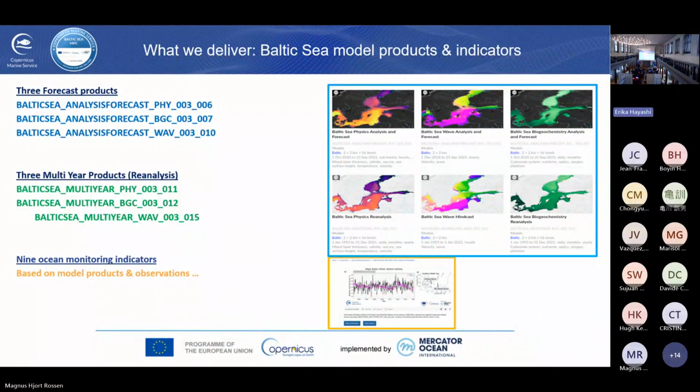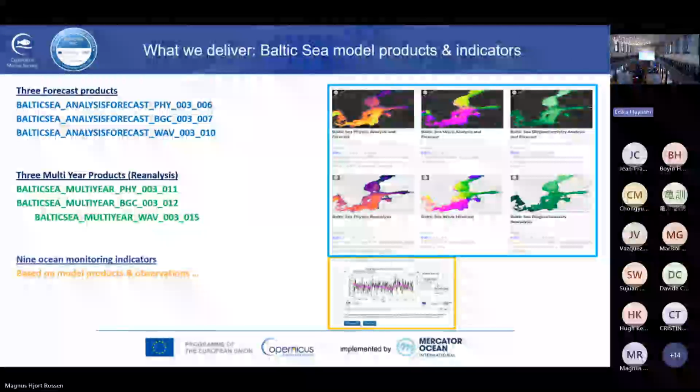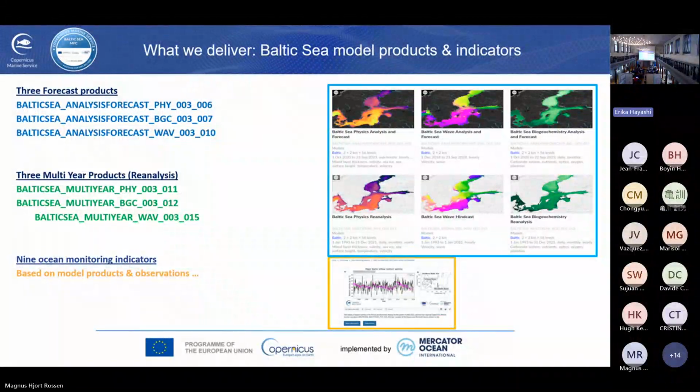Our MFC produces both near real-time products and the reanalysis. And we are several institutes, so we split the tasks. Right now, the operational center is located in Sweden, and it produces the daily forecasts of physics, biogeochemical variables, and the wave.